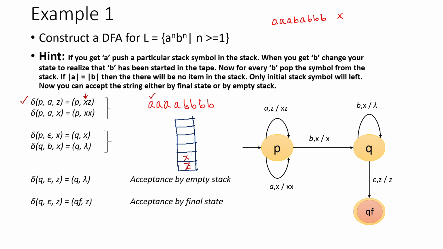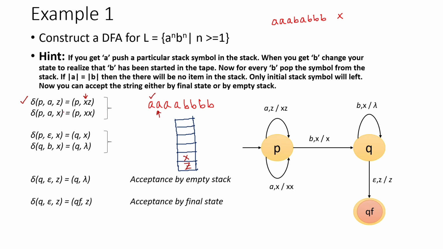Now the next character, now your read head will be over here. Initially the read head was here, now it is here. Now again you are reading A, but the difference is that here the stack content is X. You know, the top of the stack is X. That's why here I have to add a new transition function: if you are in the state P, because you are not changing your state, right?